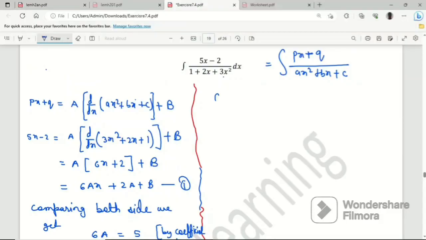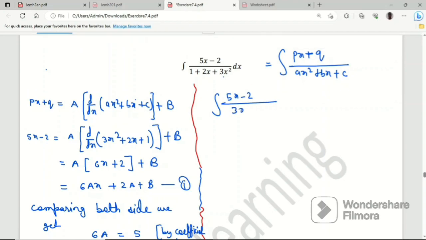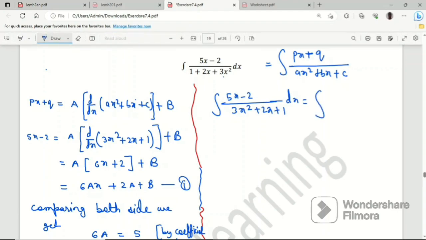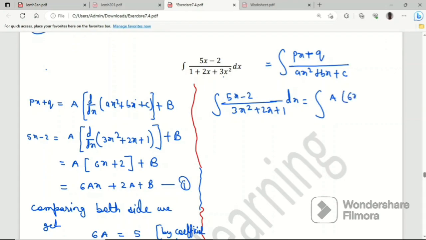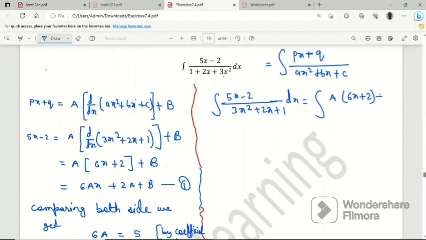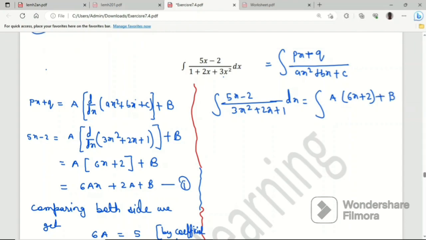Now, I will replace 5x minus 2 in the integral of 5x minus 2 upon 3x square plus 2x plus 1 dx. I'll write 5x minus 2 as a into 6x plus 2. Obviously, I will not solve this; there was no meaning to solve it.